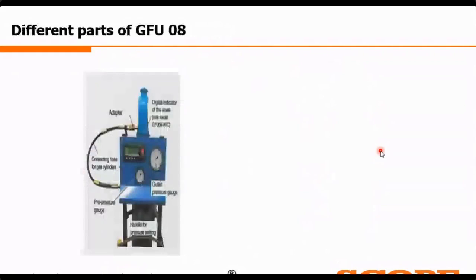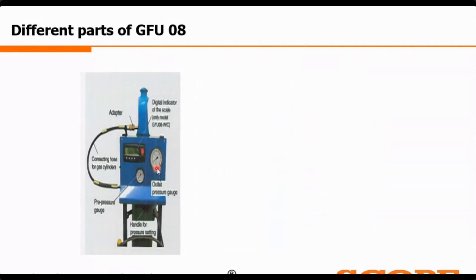Now I'll just shortly tell you the different parts of this filling machine. Here you can see there are two gauges. One is the inlet gauge and one is the outlet gauge. The inlet gauge is on the back side whenever you are connecting the cylinder. It will tell you the cylinder pressure. The outlet pressure gauge, here you need to set the pressure.